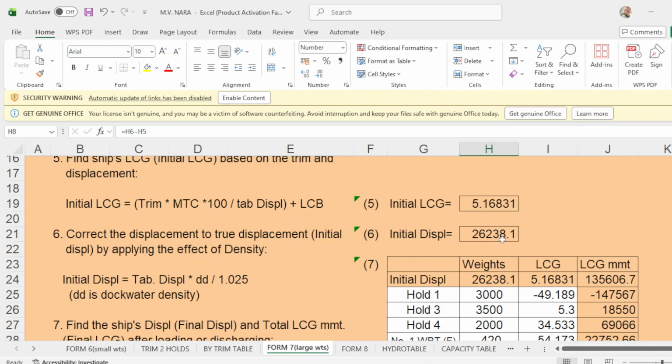So the density in this will be salt water, 26238.1. This is the formula: the displacement multiplied with your local density over 1.025. So DD is your dock water density. So number 6.